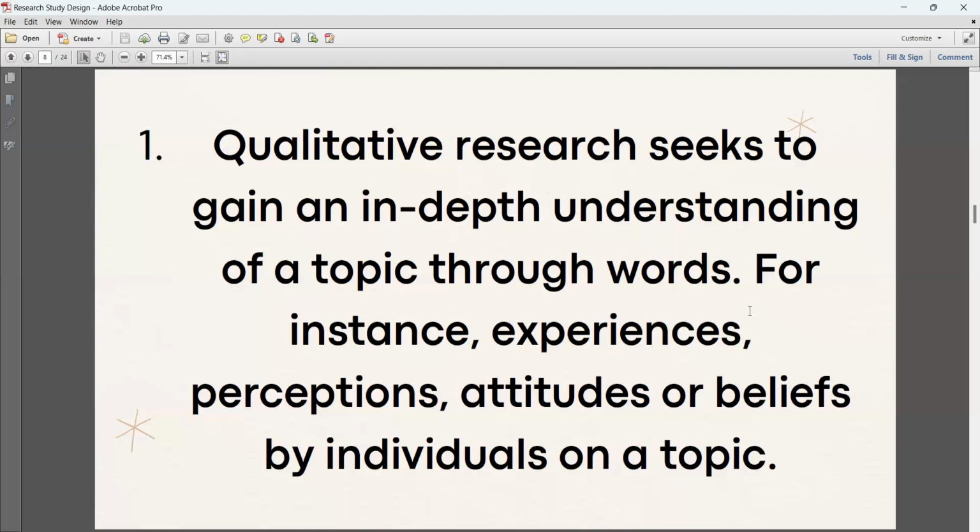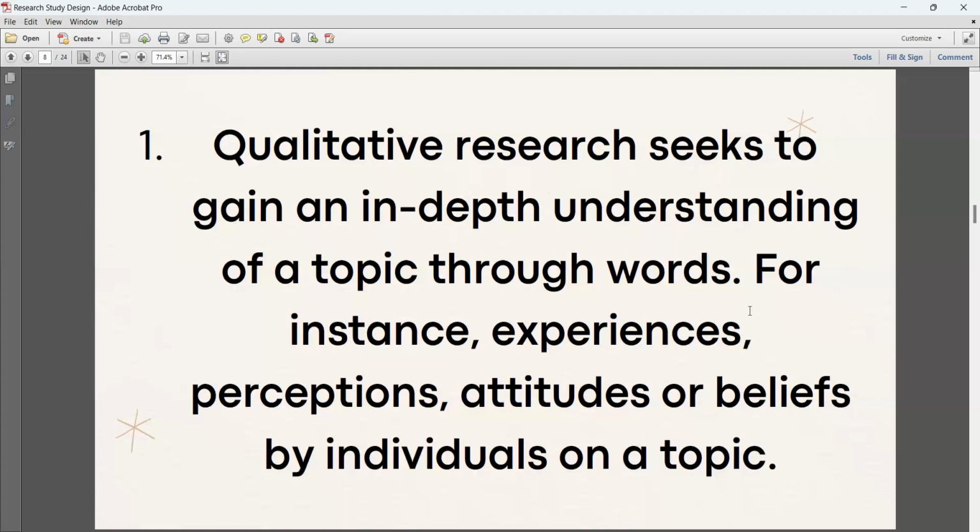For instance, this could be things like experiences of people, perceptions, attitudes, or beliefs by individuals on a certain topic. Mostly qualitative research is conducted where a topic has not been explored in detail or in depth by researchers.